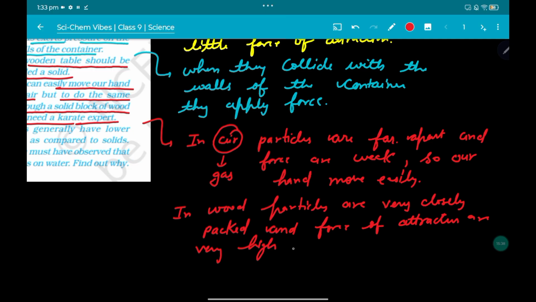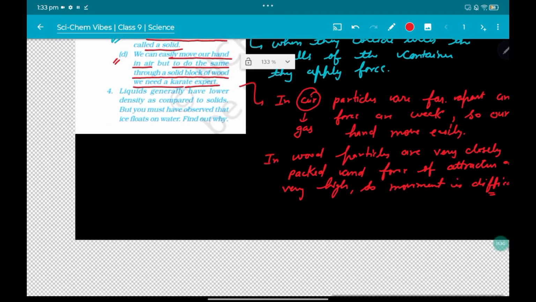That's why movement is difficult. So it is the answer of this question.